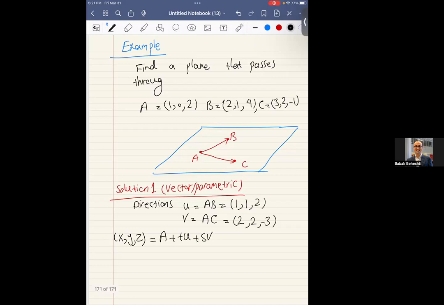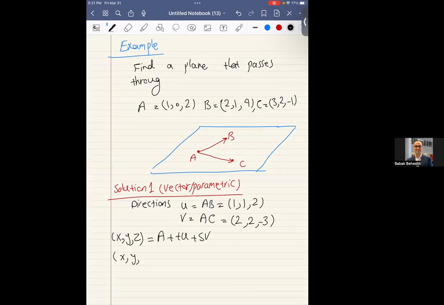So that means x, y, z is equal to 1, 0, 2 plus t times 1, 1, 2 plus s times 2, 2, minus 3. So this is the vector equation. The parametric equation is the same thing, but you write x, y, z separately.